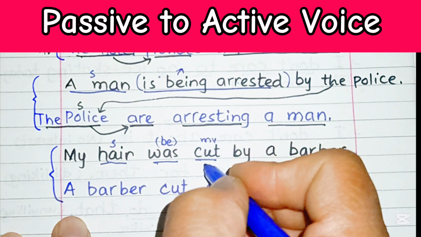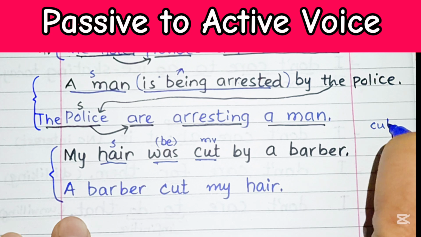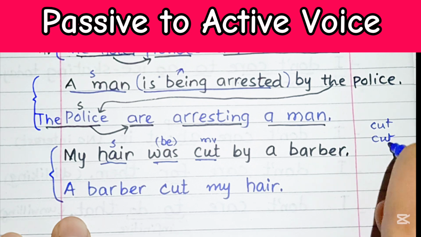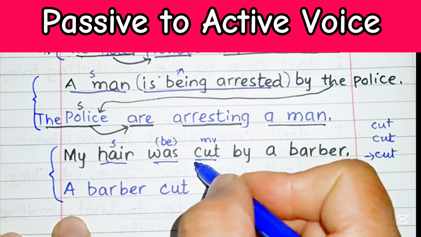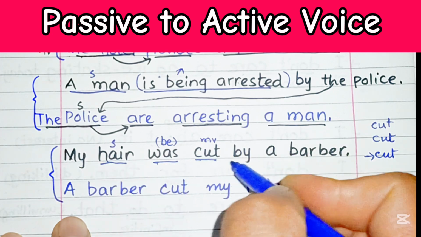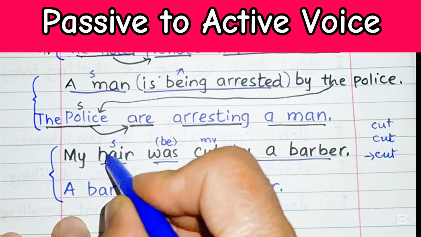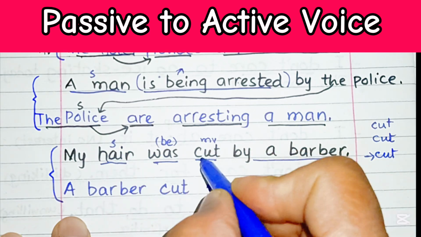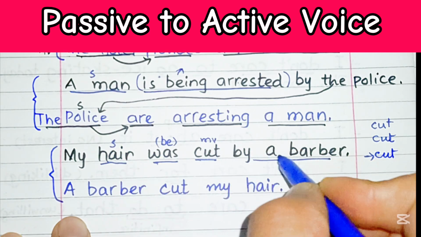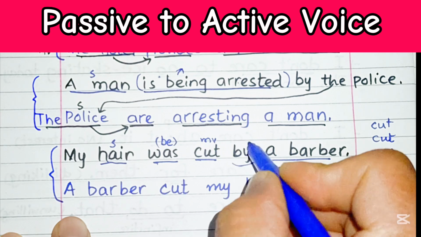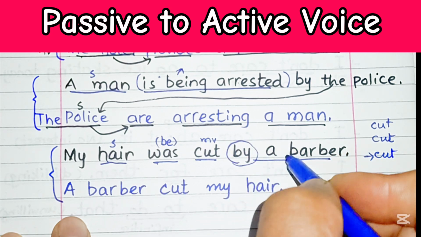We know it: cut, cut, cut. The simple form is cut, the past form is cut, and the past participle is also cut. My hair was cut by a barber. So this is the subject, as I said, and this is past, and this is past participle, and then by, this is a preposition, by, and then a barber.